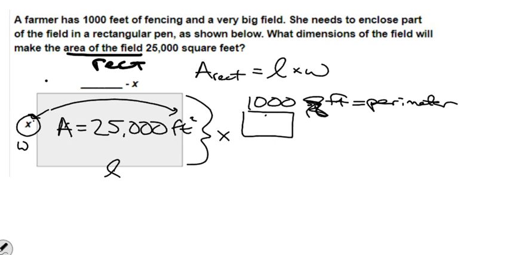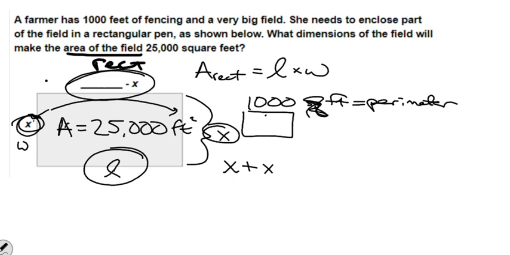Well, we can. I know if this is X and X, and I add these two together, and then I add these two together, my length and my length, I'm just going to leave those as a box, that's got to equal 1,000.